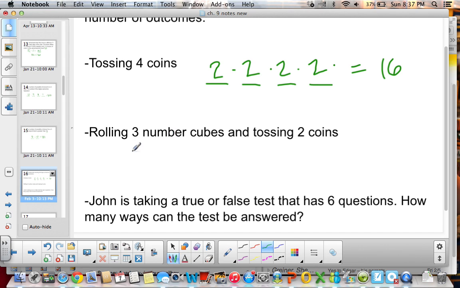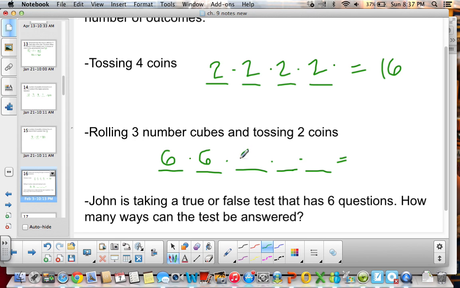The number of outcomes of rolling 3 number cubes and tossing 2 coins. So we have 5 different events going on. Each time you do something, roll a cube, toss a coin, that is called an event. We're going to multiply all of them together. If we roll 3 number cubes, which is basically just a dice, we have 6 outcomes each time of rolling our dice.